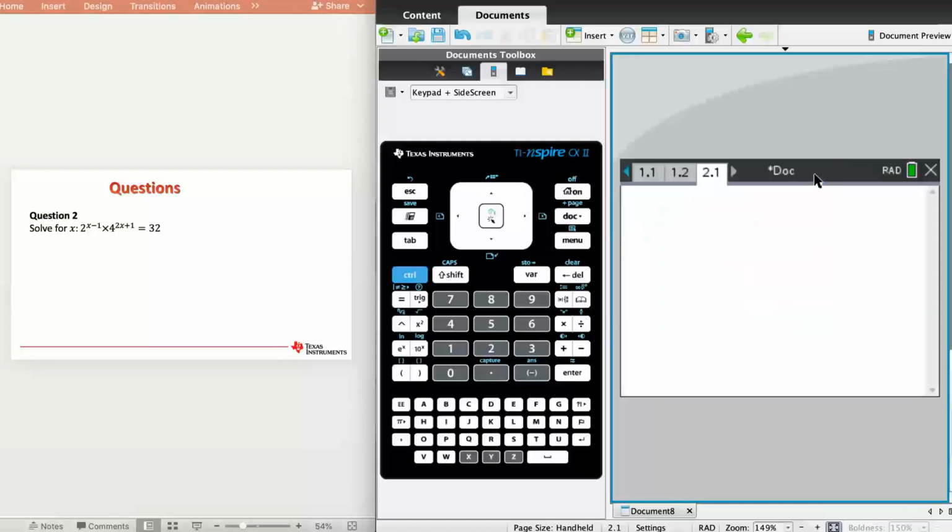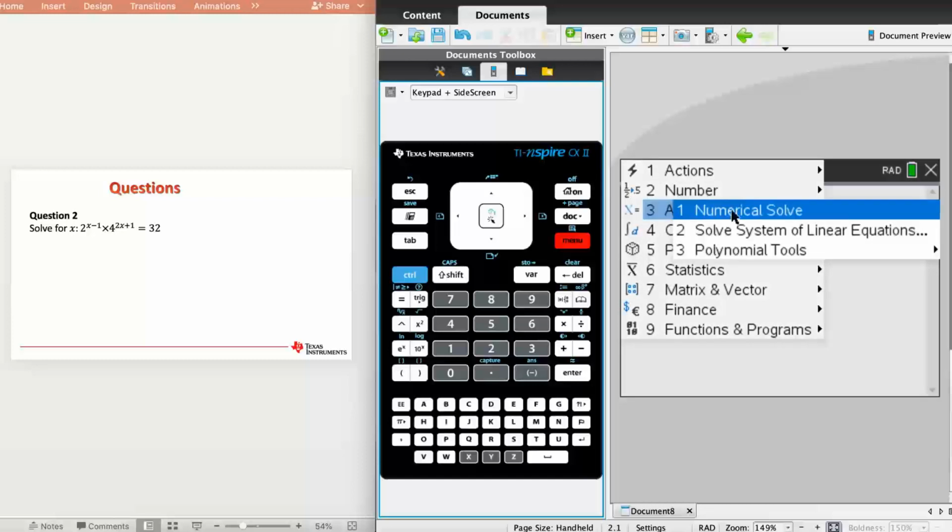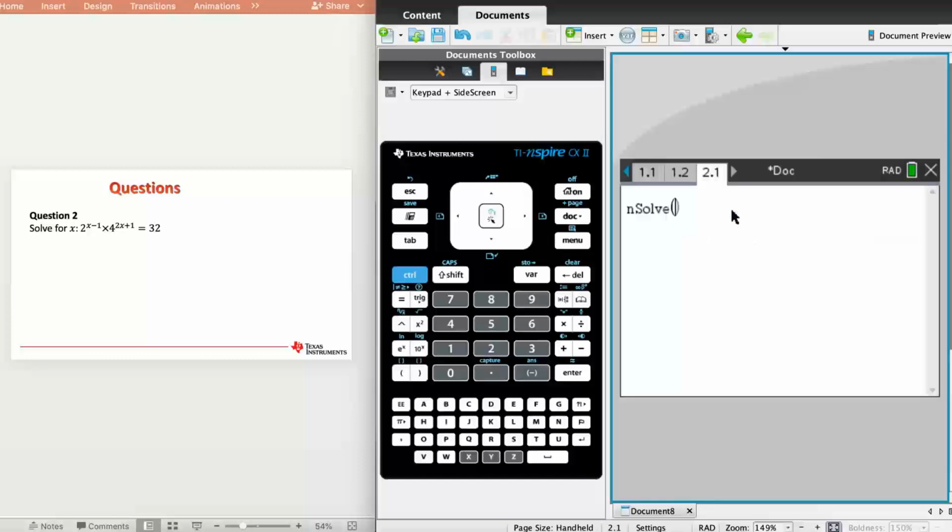And I'm going to use the numerical solve in the calculator application. So menu, algebra, and select numerical solve. Type the expression within the parentheses.